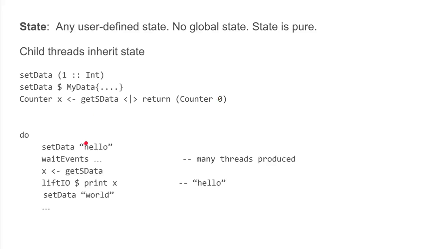And because it's pure and the state is inherited by the children threads, we can have things like this. Imagine we set the data of string values to hello, and then there is a generation of threads here using waitEvents for whatever output is here.